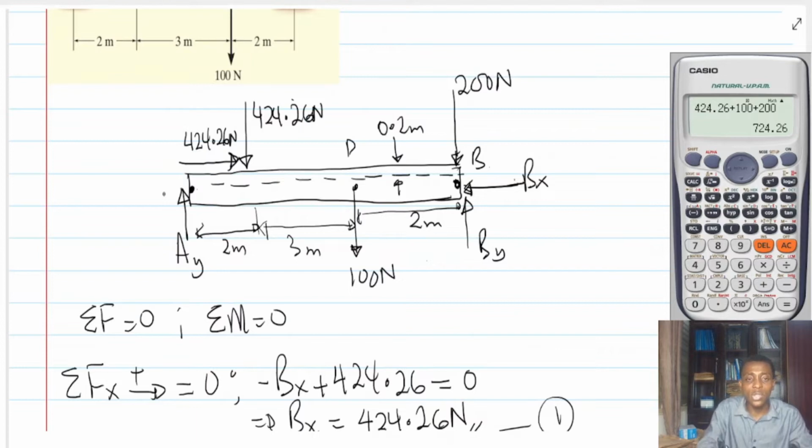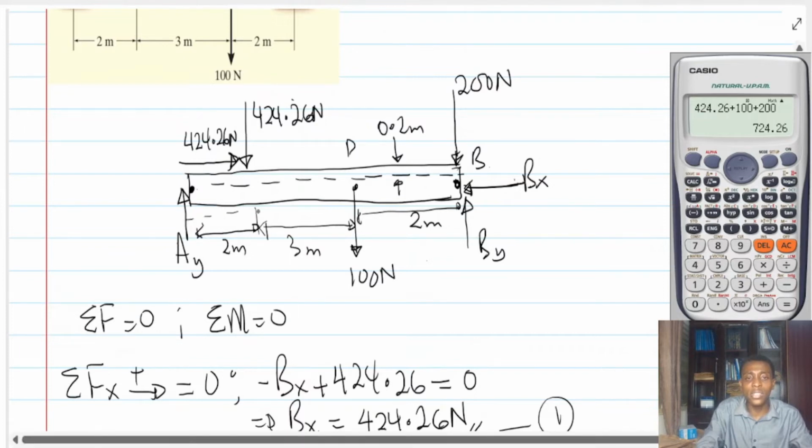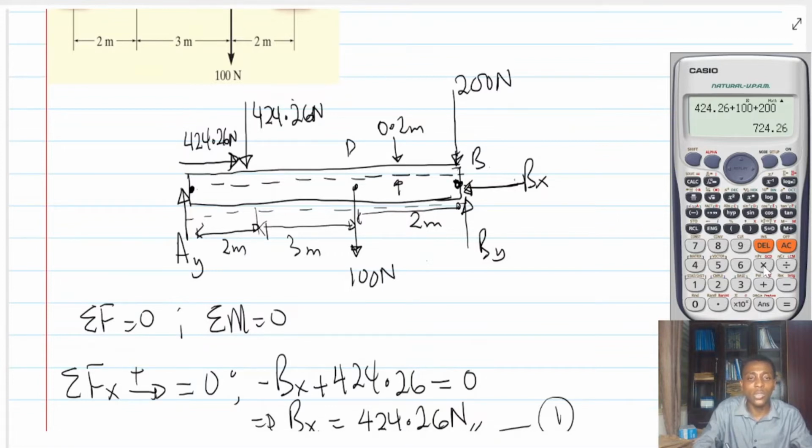First of all, let's look at Ay. What is the distance or the moment arm? Notice that Ay is all the way from this point to this point. We are taking moment about B, so 2 plus 3 plus 2 gives us 7.